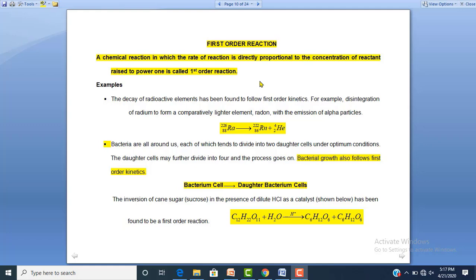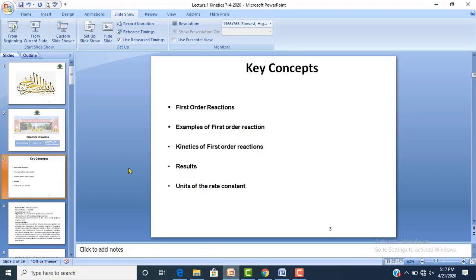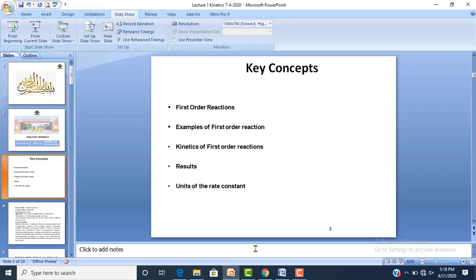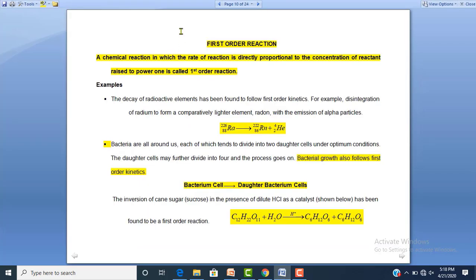Now we will study in detail the first order reaction: examples of first order reaction, the rate constant expression of first order reaction, results and units of the rate constant. Dear students, what is meant by first order reaction?